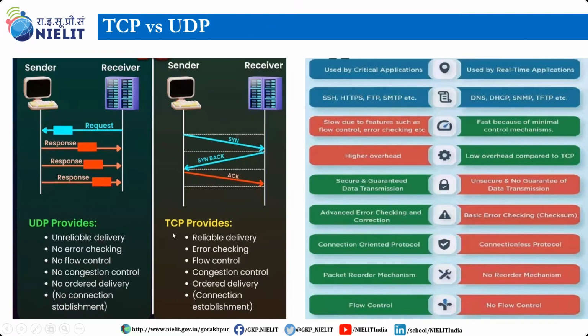But in case of TCP, before sending any data, the three-way handshake method is used. Three steps are followed, starting with a SYN signal. A SYN synchronization signal is sent to the target machine to make a request for a stable connection. After that, when the receiver is ready, it will send a positive signal, SYN plus acknowledgement.